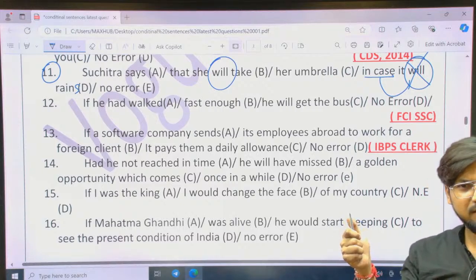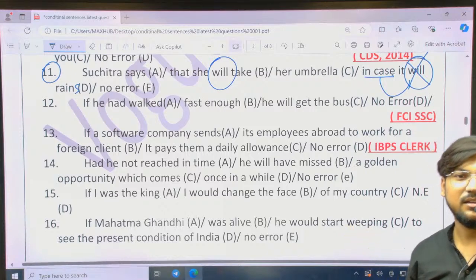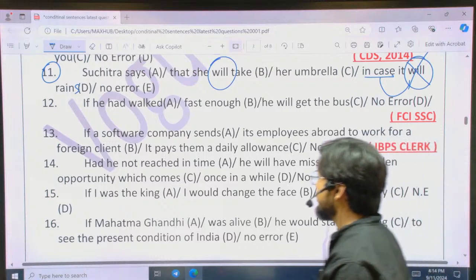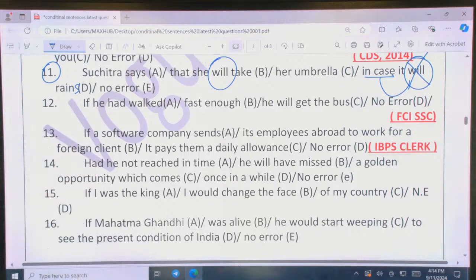Correct? Or any error part you have? Anyone from there? No idea. Just get an idea. You? No idea. No error or no idea? No error.